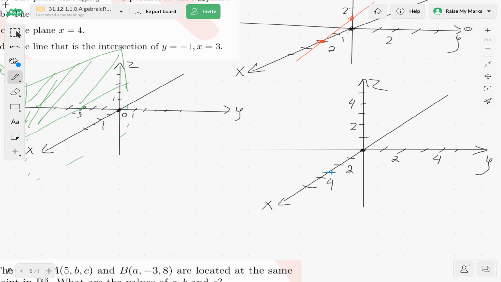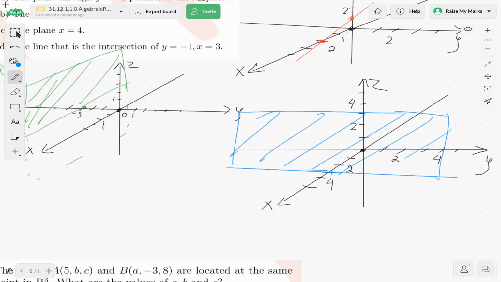Why don't we just choose one? So I'm going to choose the one, for simplicity's sake, that is parallel to the YZ plane.